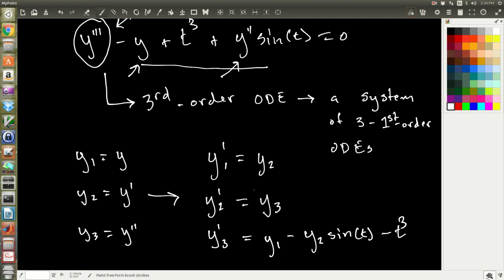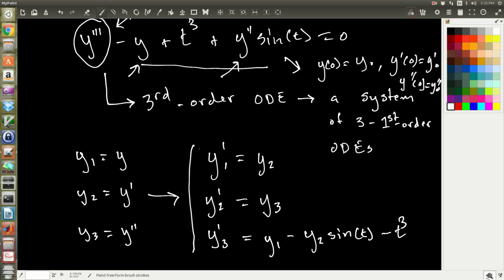Alright, now I would need auxiliary conditions such as y at 0 equals y naught, y prime at 0 equals y prime naught, and y double prime at 0 equals y double prime naught. And those three conditions would correspond to the auxiliary conditions for this system of first order ODEs.